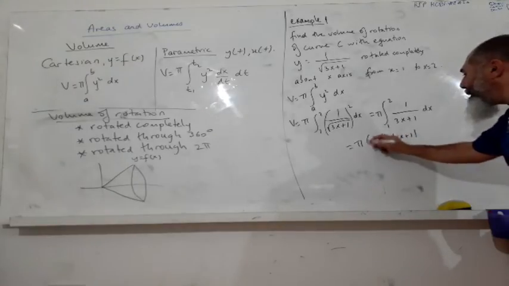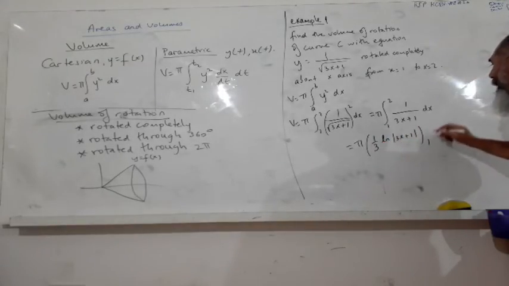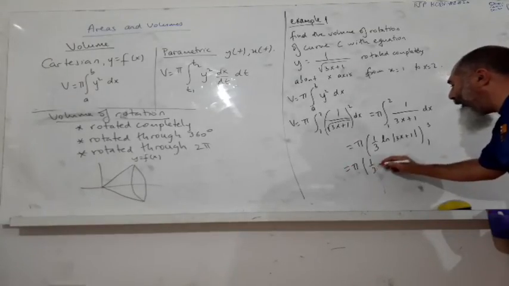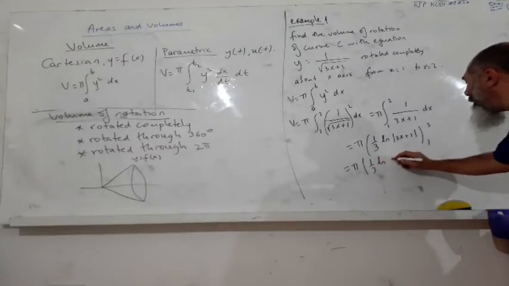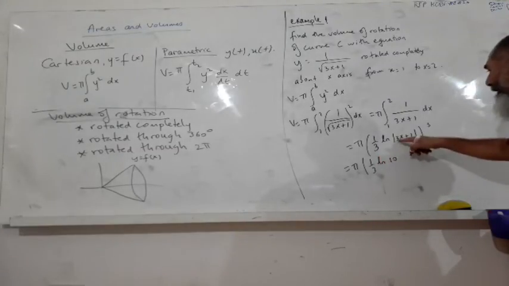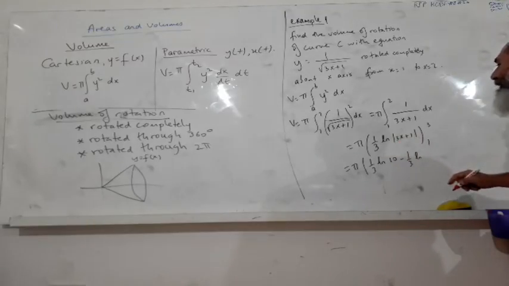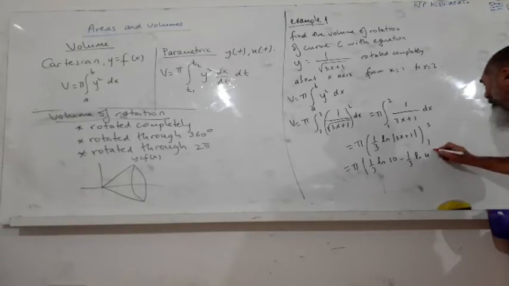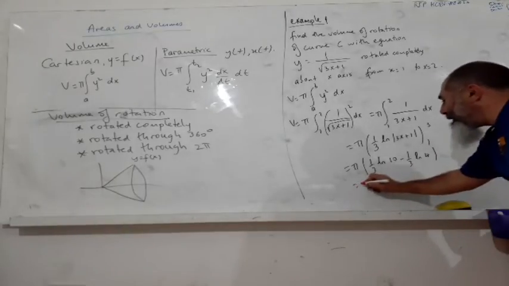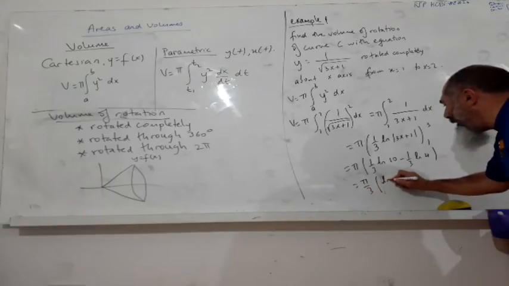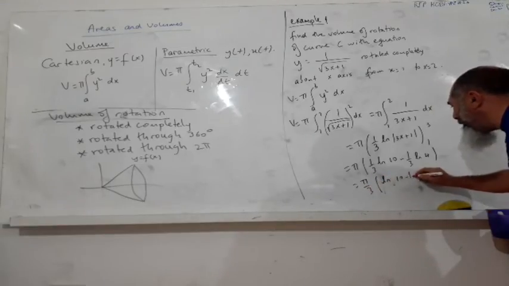So the answer is going to be pi times 1 over 3 ln of 3 times 3, which is 9, plus 1, 10, minus 1 over 3 ln of 3 times 1, which is 3, plus 1, ln 4. So it is pi over 3 times ln 10 minus ln 4, which, when you have a subtraction, means a division.